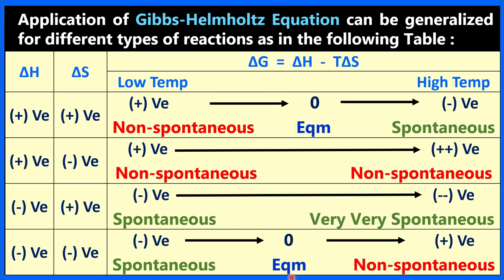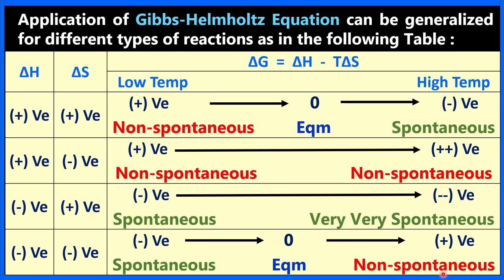So the reaction will attain equilibrium at that temperature. Further increase of temperature increases the value of T delta S, and as delta S is negative, this term becomes positive, and overall the value of delta G becomes positive. So after equilibrium with increasing temperature, the value of delta G becomes more positive, that is non-spontaneous.